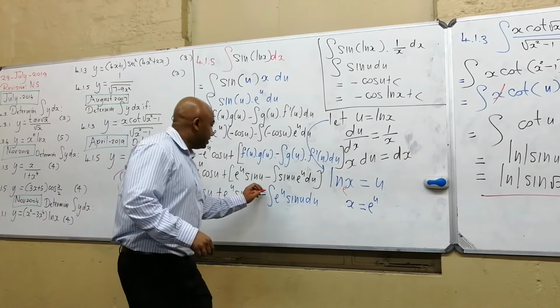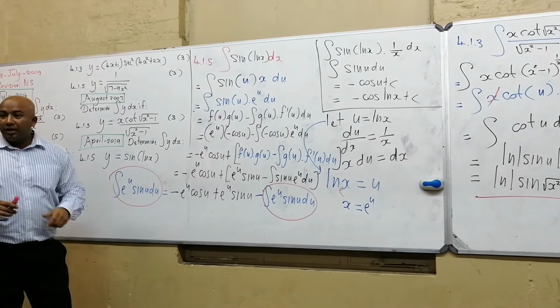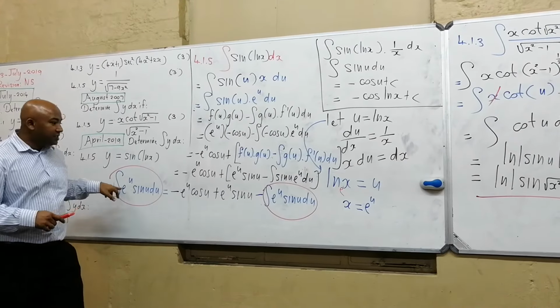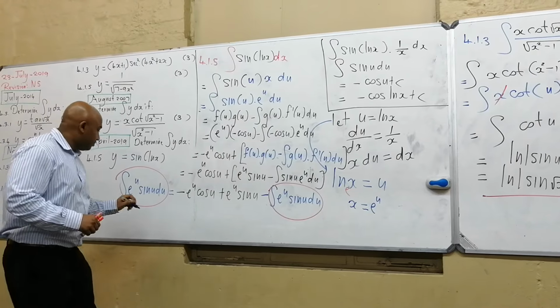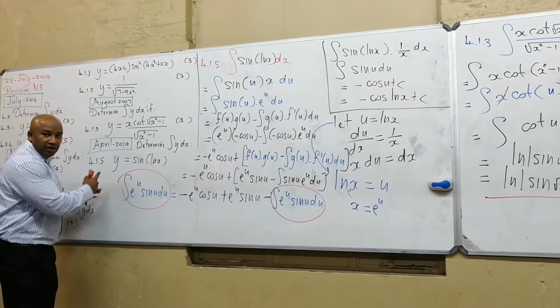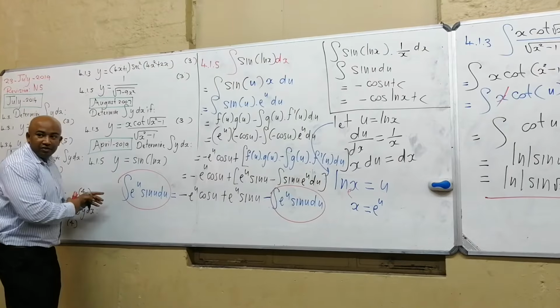So now that means I can take this to the left hand side and it will become what? A positive. So if I have one of this plus another one of that, what will that equal to? 2. So then, if I have 2 on this side, then all I have to do now is divide by 2.